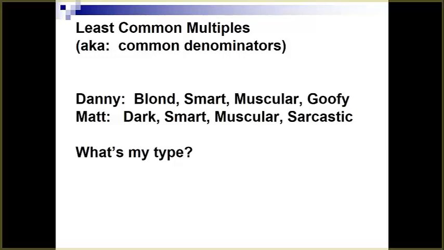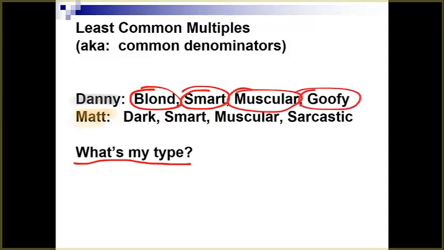But let's say we got one guy, Danny. He's blonde, he's smart, he's muscular, he's goofy. And then we got Matt, who is dark, smart, muscular, and sarcastic. If I asked what your type is, you would say, well, you're blonde, you're smart, you're muscular, you're goofy, but you're also looking for dark and sarcastic.